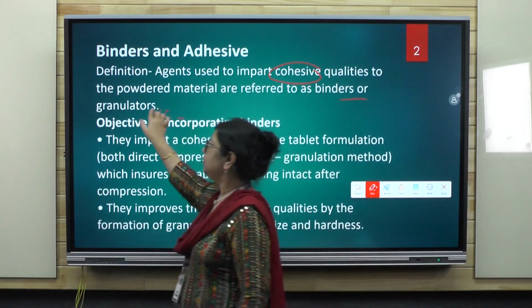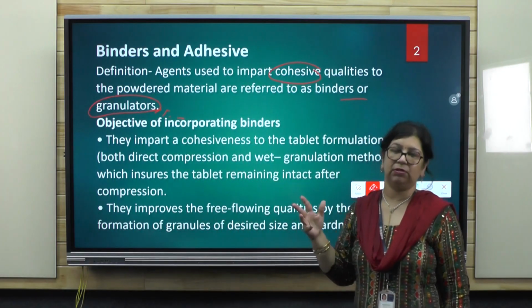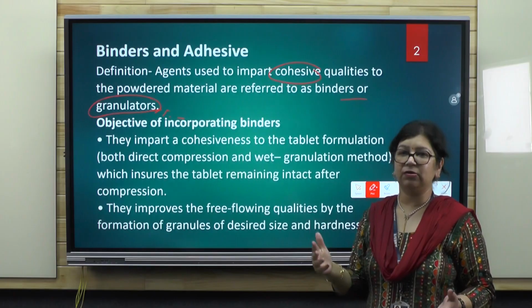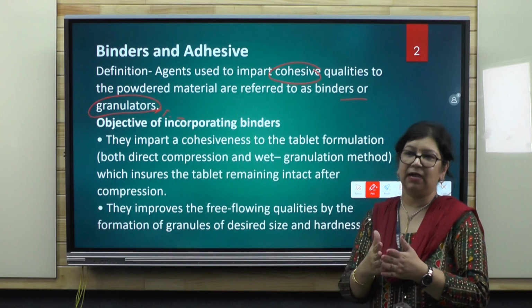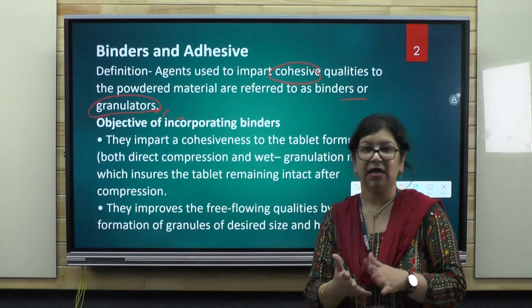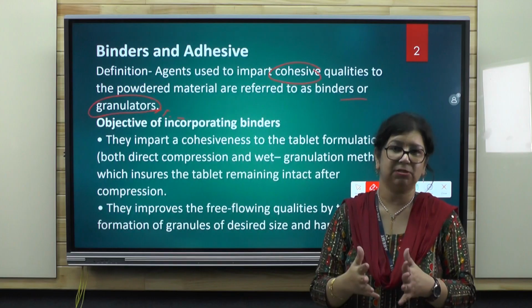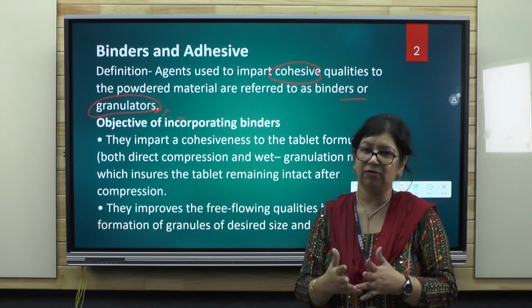or granulators, because we need to granulate the whole mixture of the powder. It is always preferable to have granules for the punching of the tablet instead of the dry powder or the mixture of powder. So we always granulate it. And why do we always granulate it?